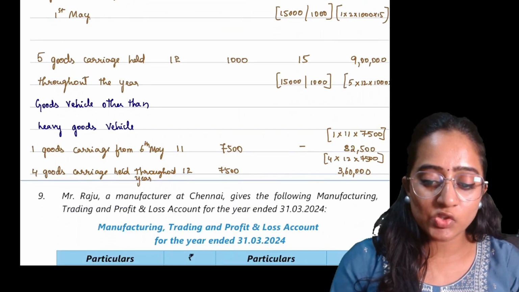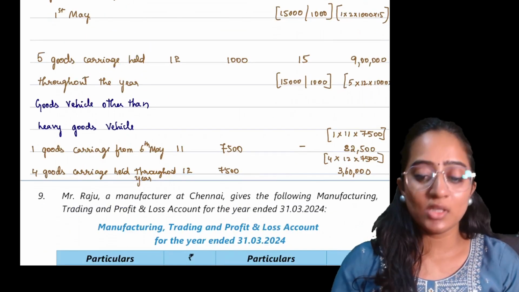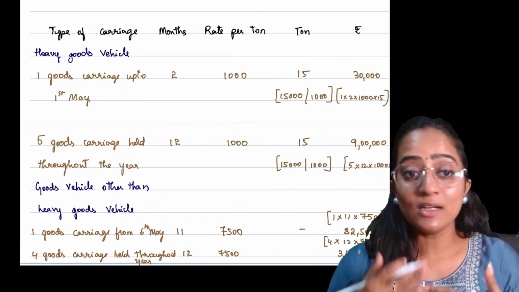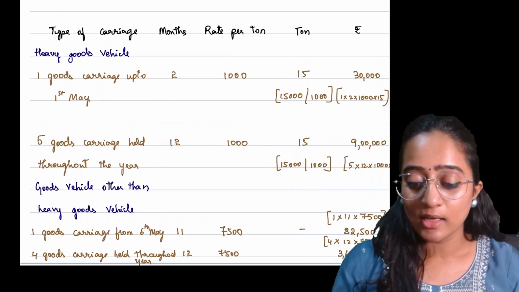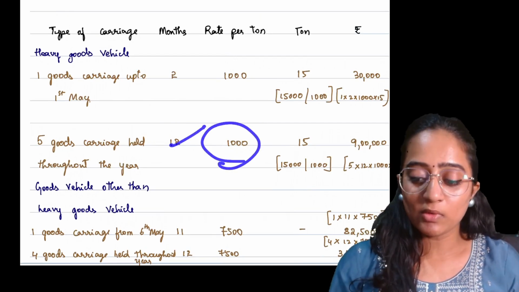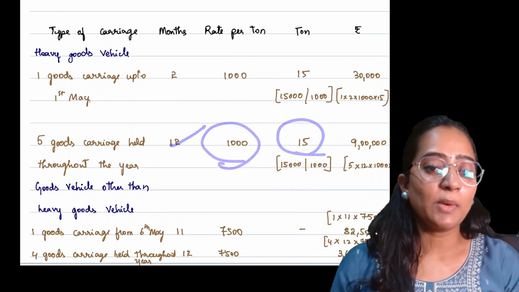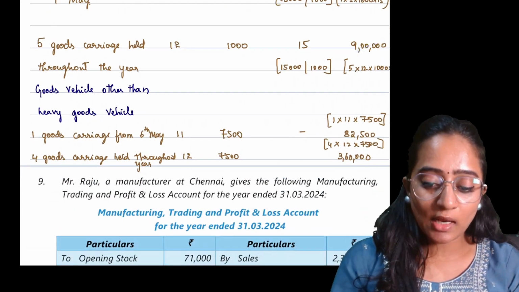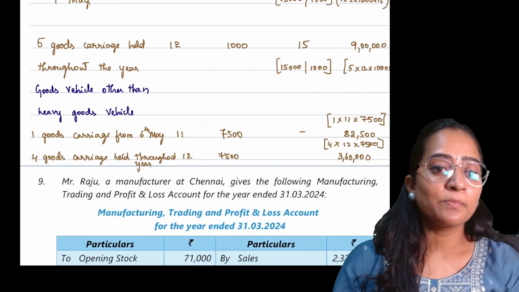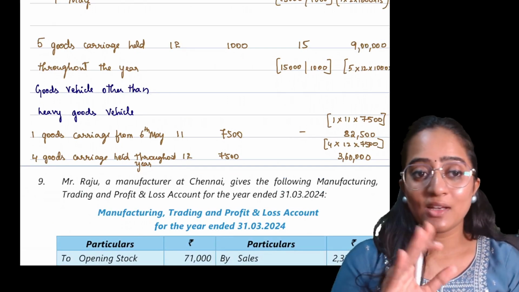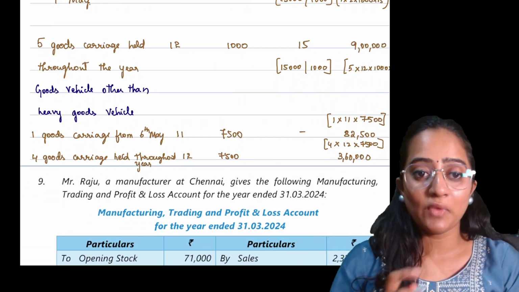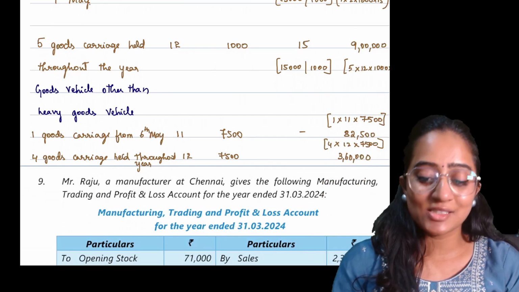Five goods carriages are held throughout the year, the entire year, so 12 months multiplied by 1,000 per ton, multiplied by the number of tons. And goods vehicles other than heavy goods vehicles: you sold one heavy goods vehicle and bought a light goods vehicle on 6th May.